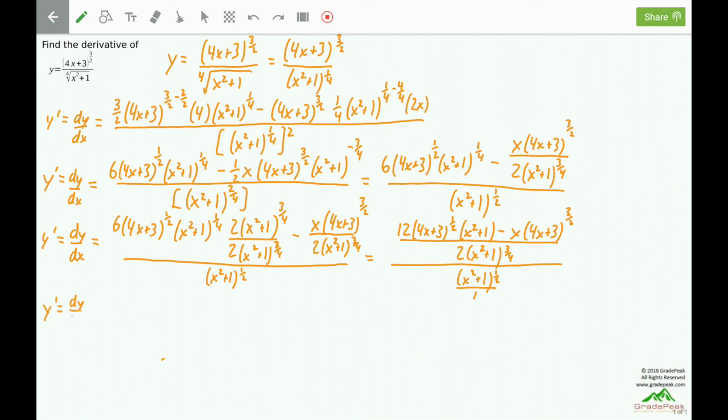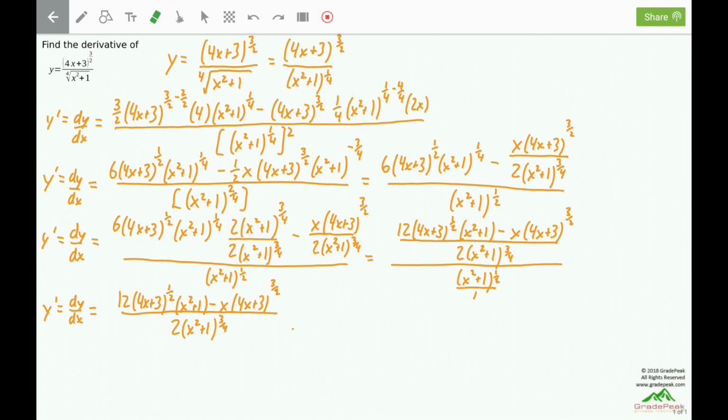So y prime, or dy dx, will now be, we have a 12, a 4x plus 3 to the 1/2, and x squared plus 1, minus x times 4x plus 3 to the 3/2, all of that divided by 2 times x squared plus 1 to the 3/4 power.